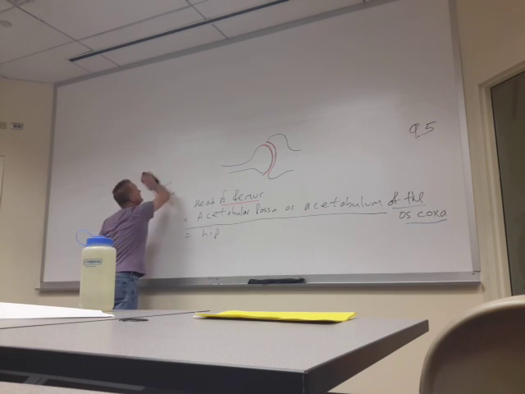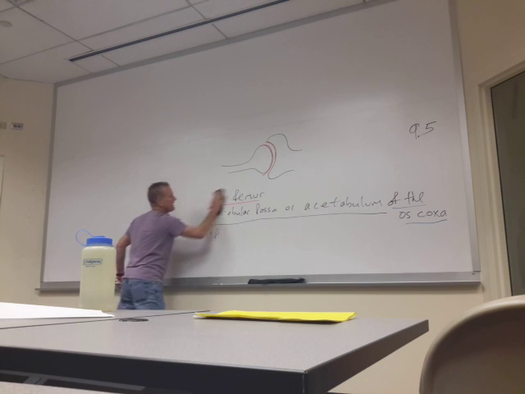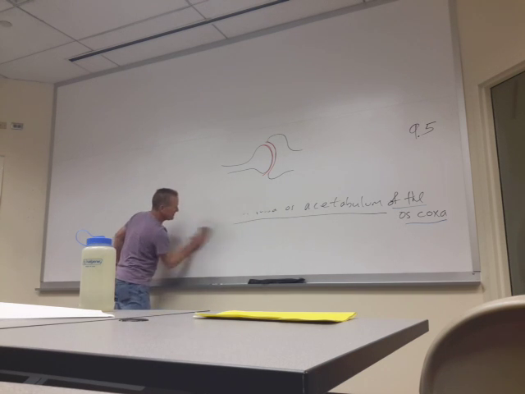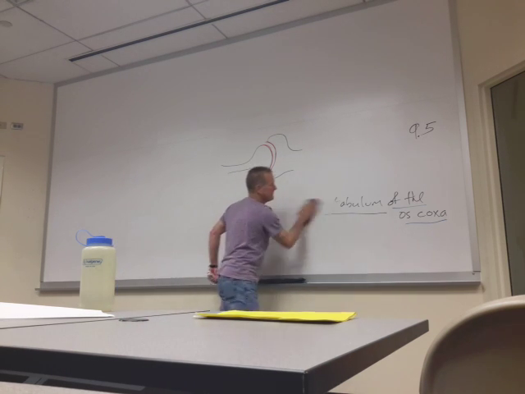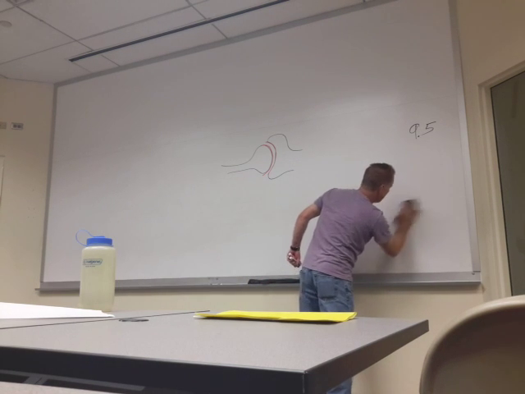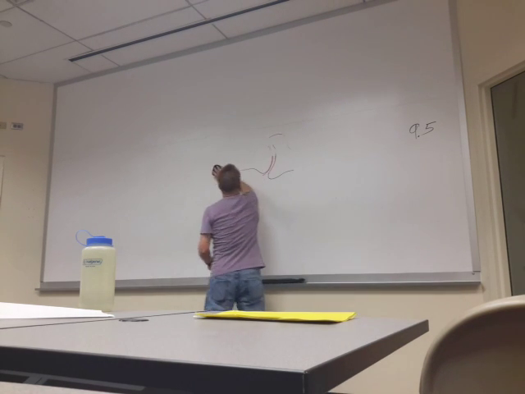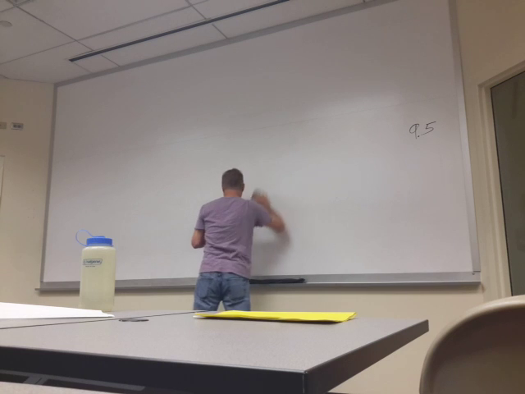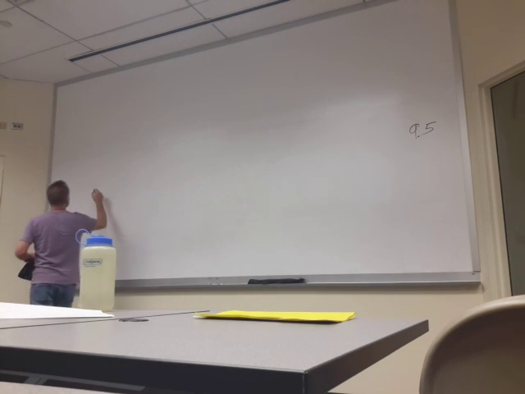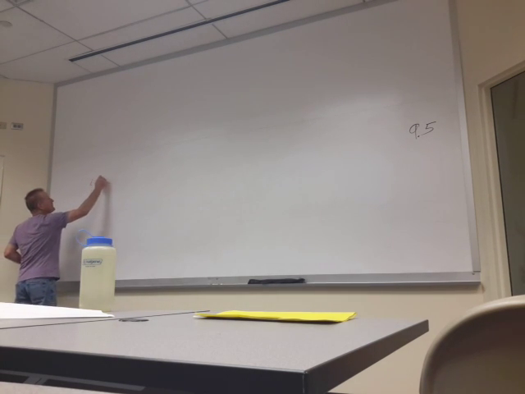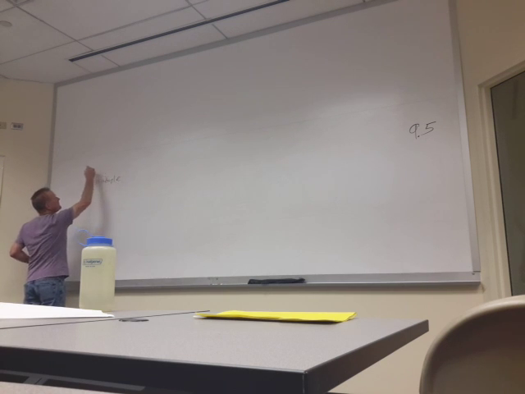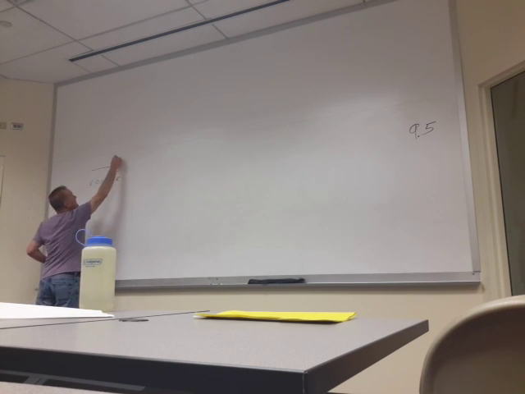A similar surface feature to a head is called a condyle. Condyles are like heads, but they tend to be smaller. Which is smaller?